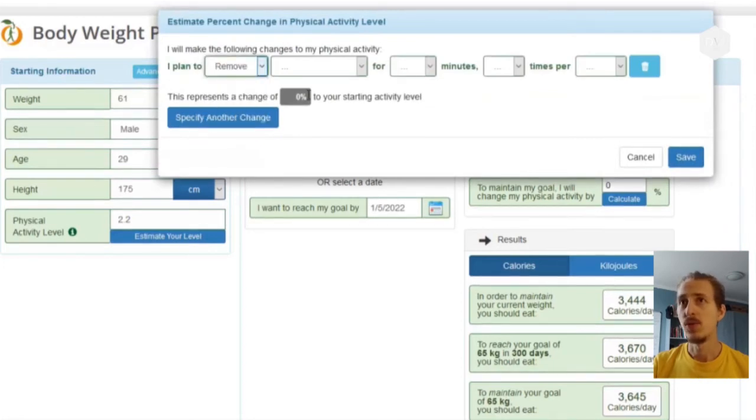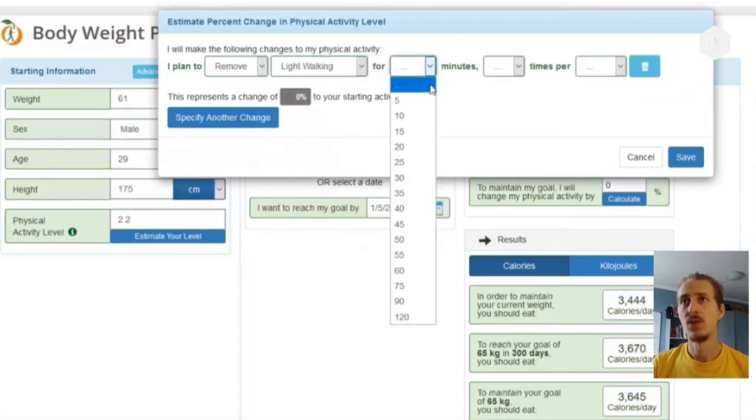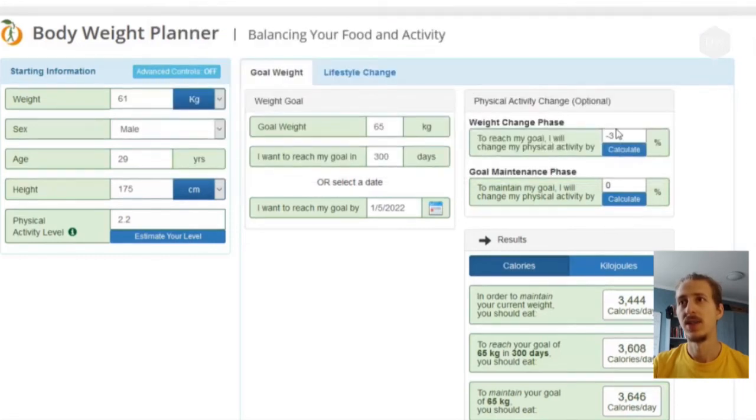I plan to remove light walking for 30 minutes once a day. So that is minus 3%. So we are actually saving some calories.